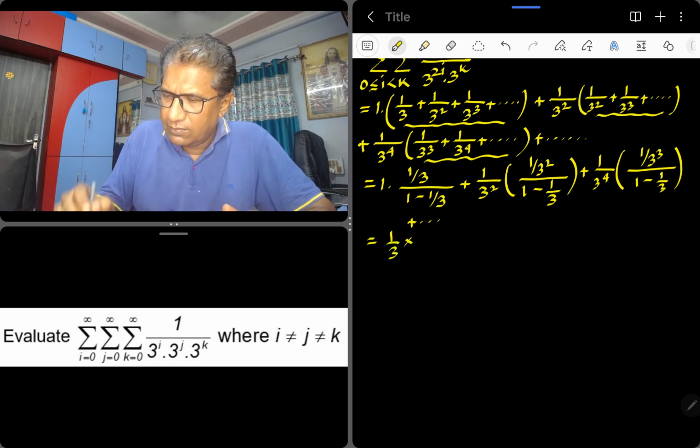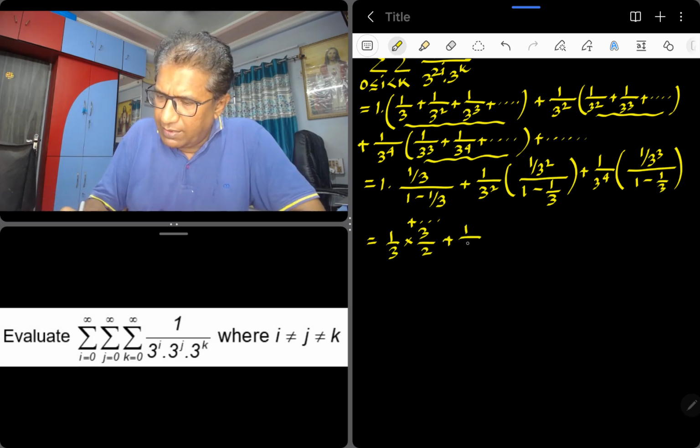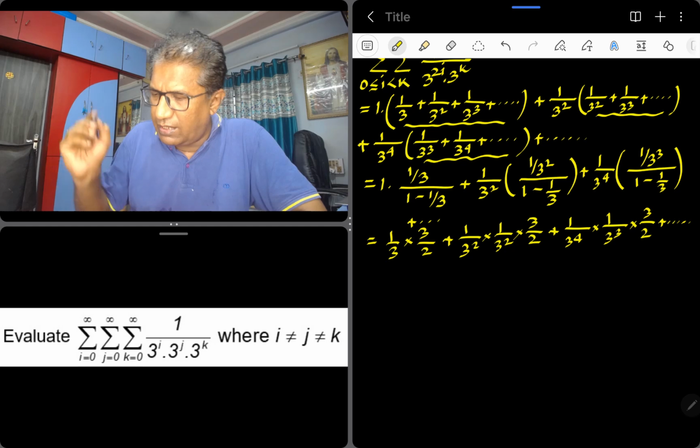So we are having basically what? 1/3 into 3 by 2, plus 1 by 3 square into 3 by 2, 1 by 3 cube into 3 by 2, and this thing goes on till infinity.